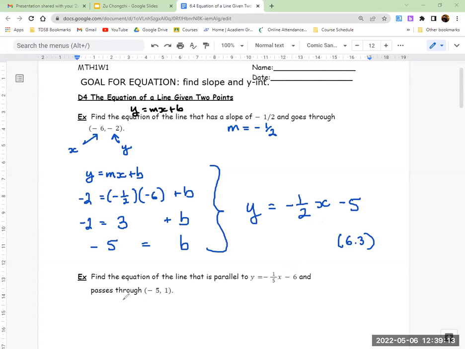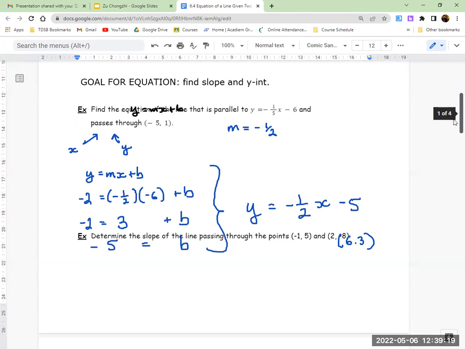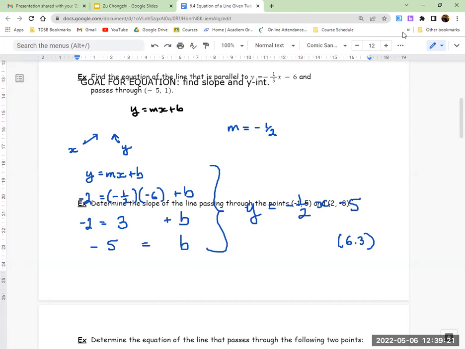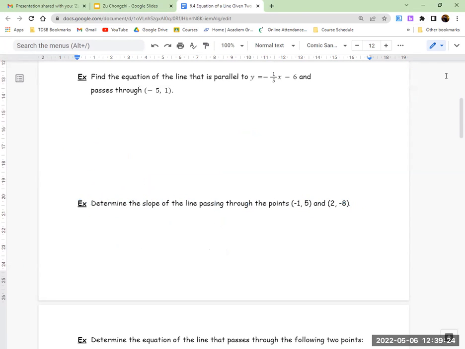Take a look at another test question. I'm going to move through really quickly because you've seen this before. The next one might be slightly new. Find an equation of a line that's parallel to this line and also passes through -5. It's the same question, but I give you the word parallel.